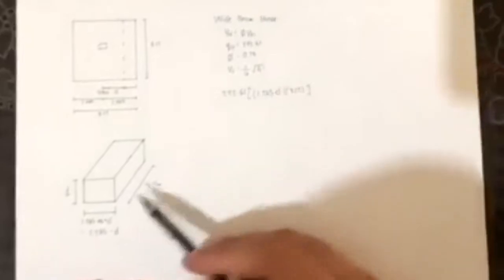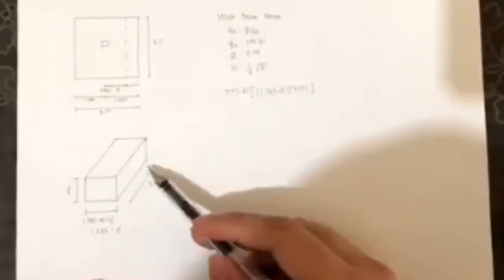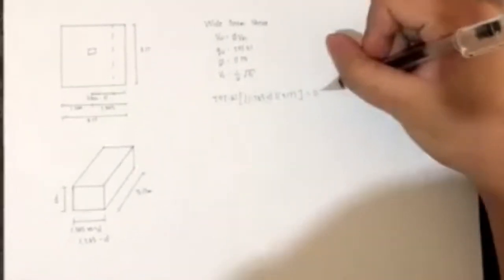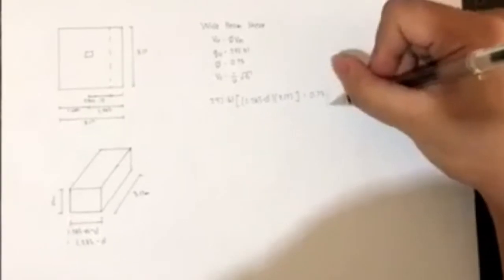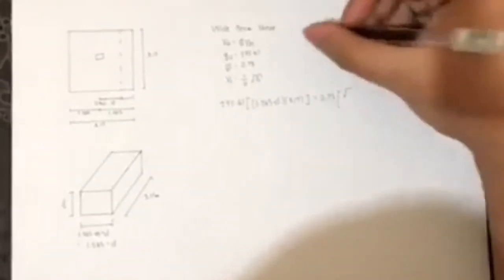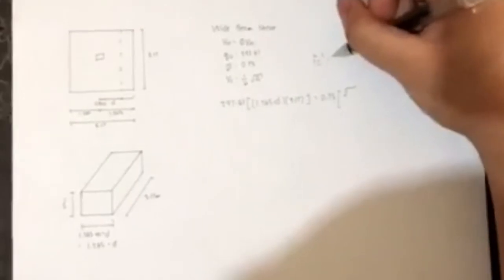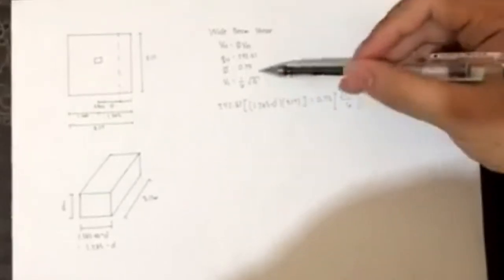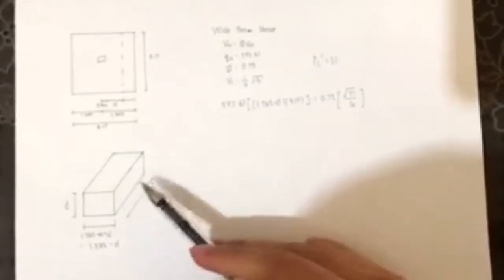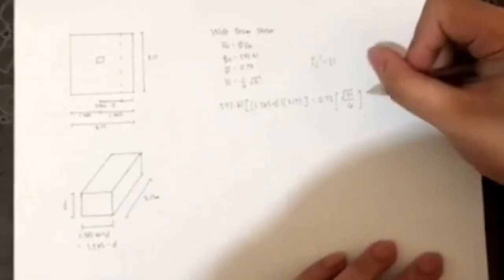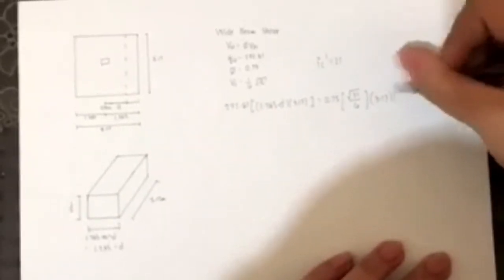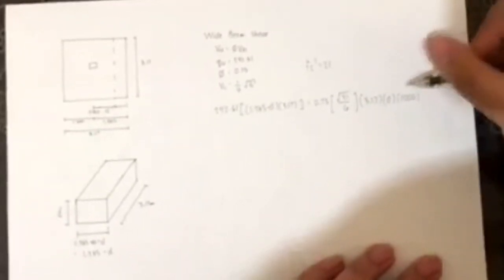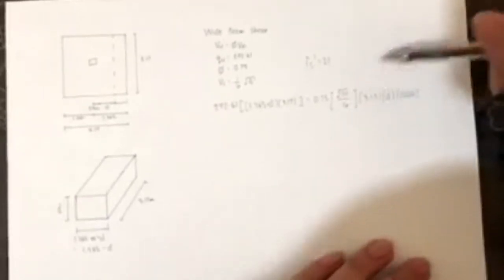The area is the base, where the soil pressure acts. This is equal to phi, which is 0.75, and Vc, which is square root of f'c, where f'c is given as 21, over 6, times the area where this acts, which is the shear cut, given as 3.17 times d, and we have a 1,000 for it to become a meter, since this will result to millimeter.